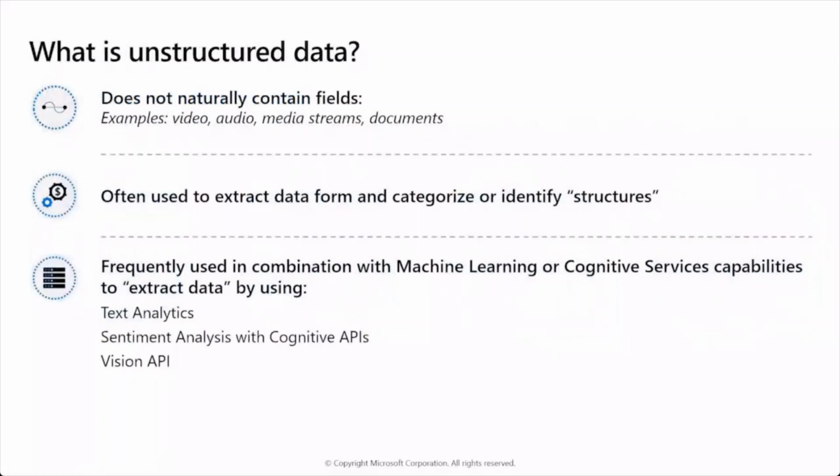Now, unstructured data is data that doesn't naturally contain fields. Examples include video files, audio files, and other types of media streams. Each data item is a blob of binary data, and so you can't search on any specific elements inside this kind of data.